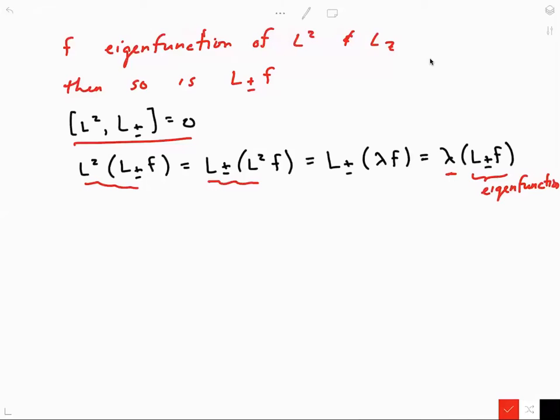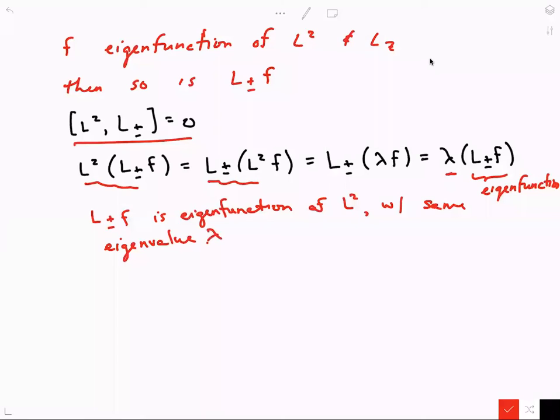That lets us know that our ladder operator applied to our function is still an eigenfunction of our momentum squared, and it's an eigenfunction with the same eigenvalue. So we had the eigenvalue lambda of f.